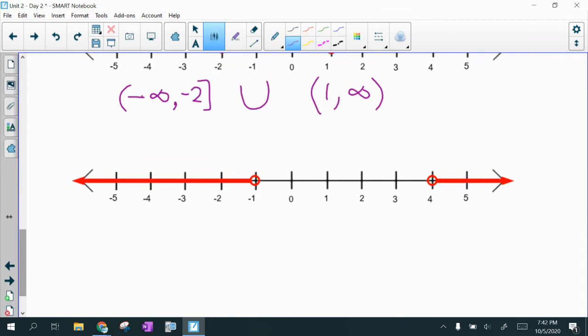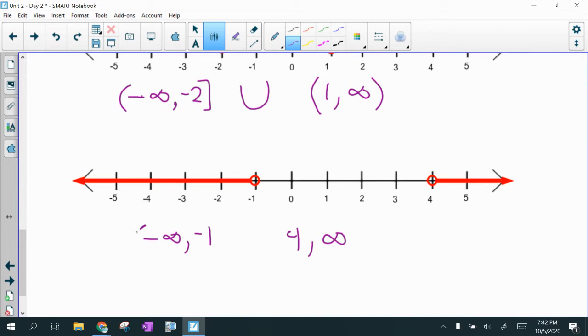Okay, give people a couple seconds. Pause the video. You can copy it down and see if you can come up with the answer. Okay, I'm hoping that you're done. The low end goes from negative infinity up to, but not including, -1. And then here I'm going from 4 to infinity.